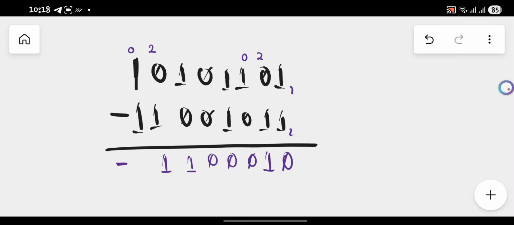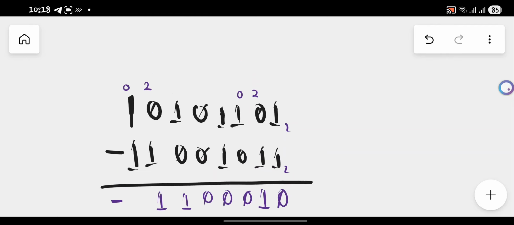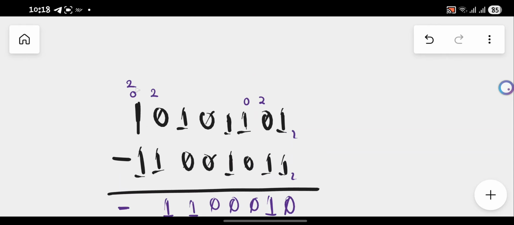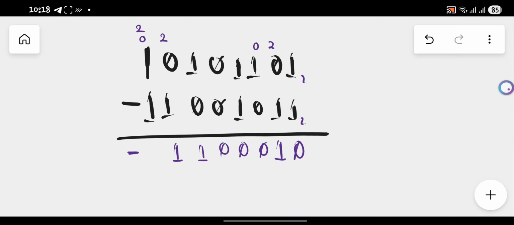Then that one we borrow becomes 2 here, so that 2 minus 1 becomes minus 1. Okay, so much later we are going to see.